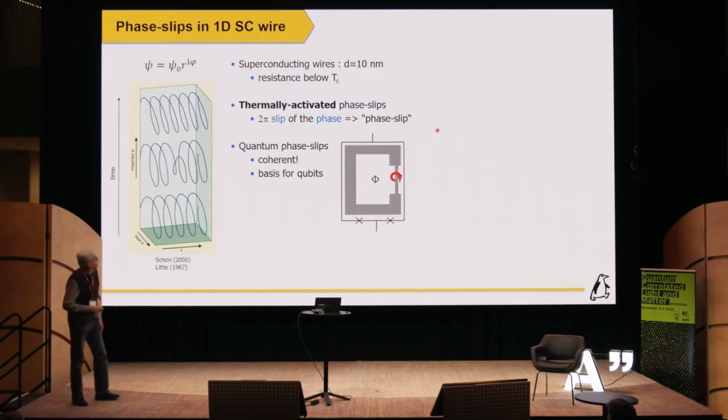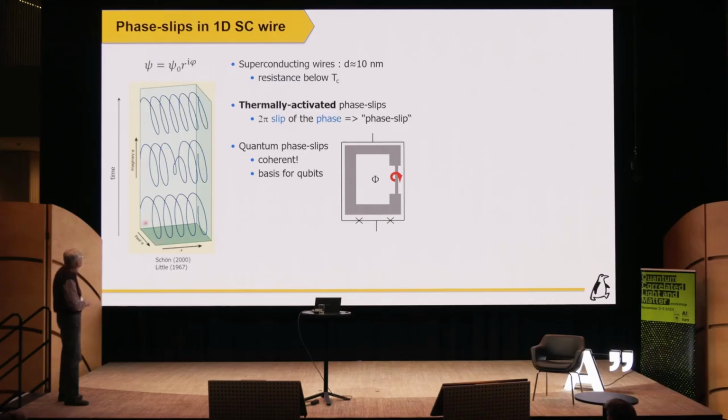The phase slips: the complex order parameter is shown here, and this plot shows the variation of the real part and imaginary part of the order parameter as a function of position on the wire.